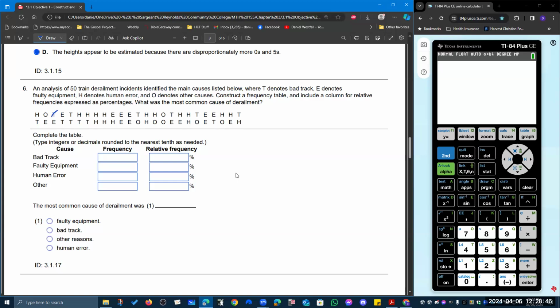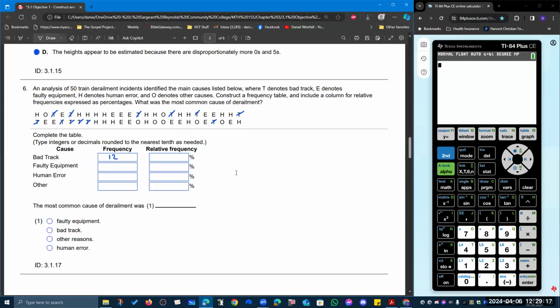So there's 1, 2, 3, 4, 5, 6, 7, 8, 9, 10, 11, 12. See if I missed any. Looks like that's 12. And then faulty equipment would be my E's.